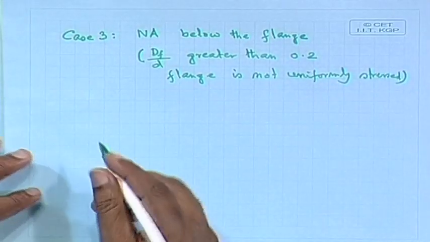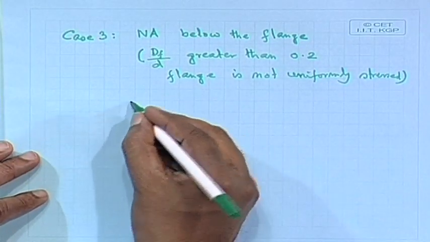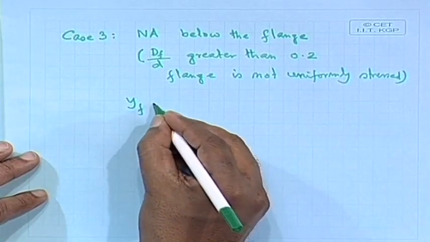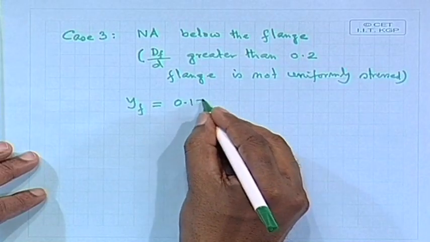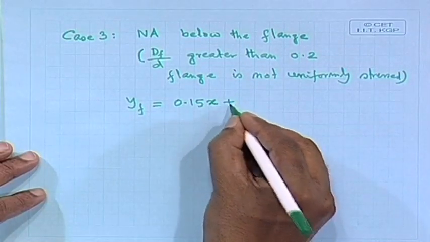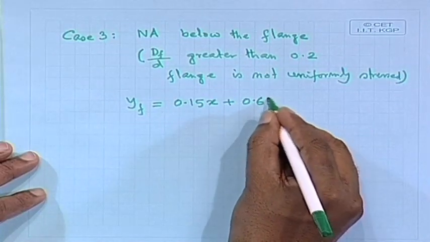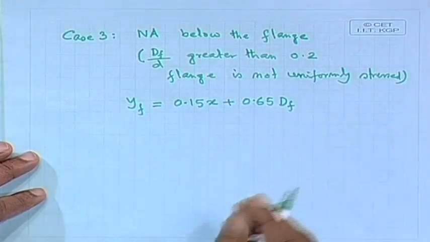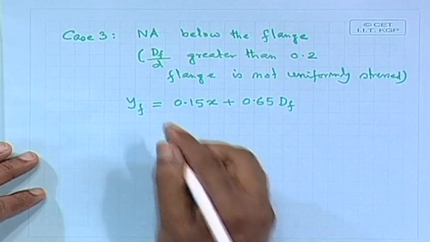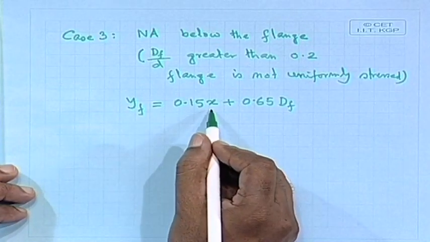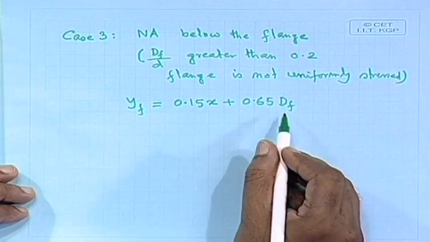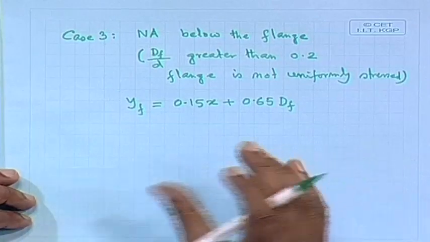So, instead of having Df we get yf, yf will be equal to 0.15 x plus 0.65 Df. So, we get another rectangular portion, yf equal to 0.15 x plus 0.65 Df. That one will give us that equivalent depth.